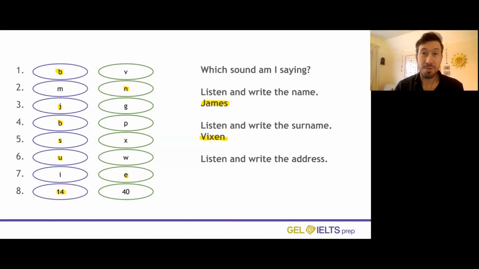Now I'm going to read you one address. And I'd like you to again look at question 4 and type the correct answer. So the address is 15 Bleak Drive. And that's spelled B-L-E-E-K. That's 15 Bleak Drive.